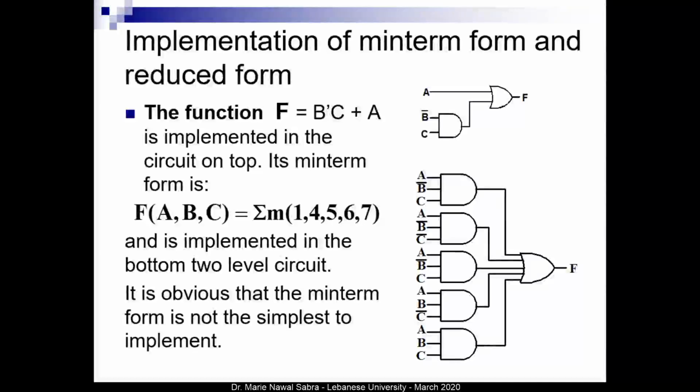Here I have an example of the implementation of a minterm form and the implementation of the reduced form. In the minterm form, because it is a sum of products, the OR is always towards the output side.